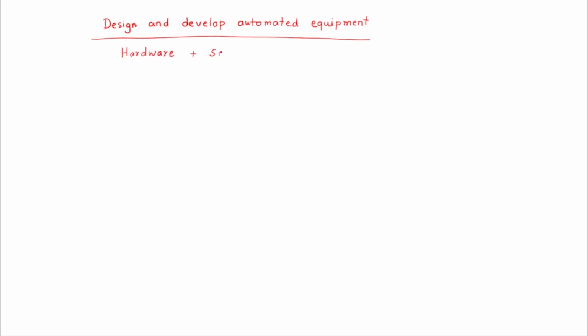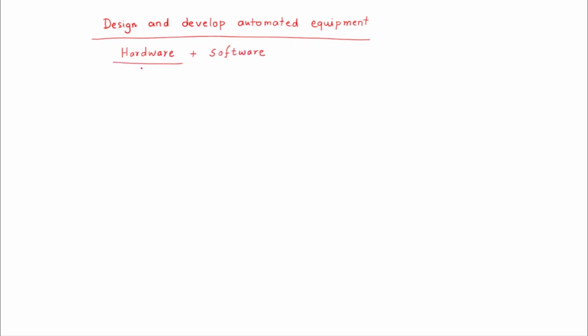We have seen various types of automation systems. For all these automation systems, we require automated equipment, and we need to design and develop these automated equipments. The process of designing and development of the automated equipment requires hardware and software.